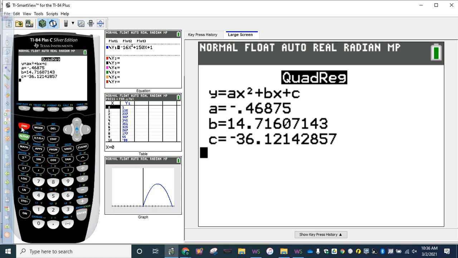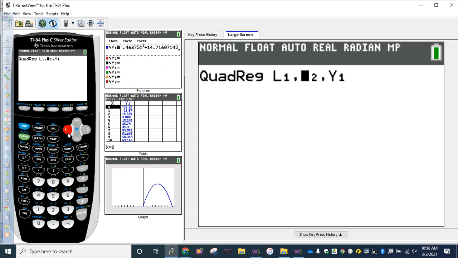Okay, for you, Delia, yours looks like this, without the L1, L2. Deleted the wrong thing. Let's try that one more time.